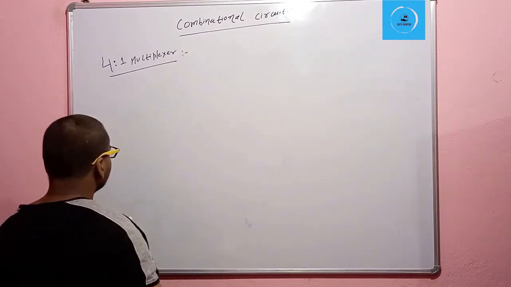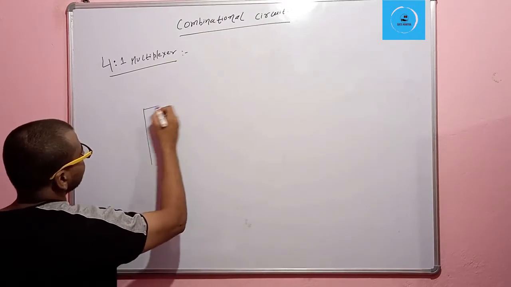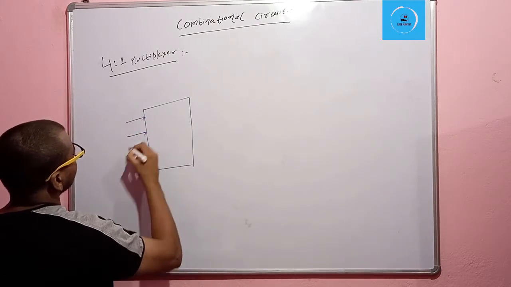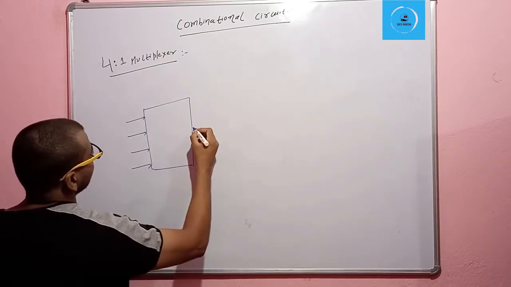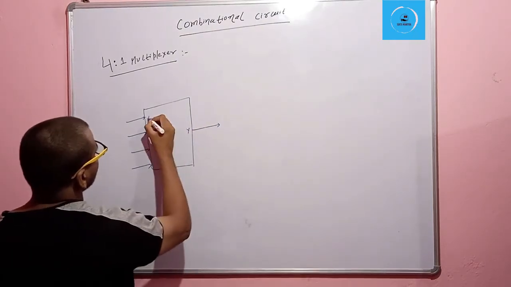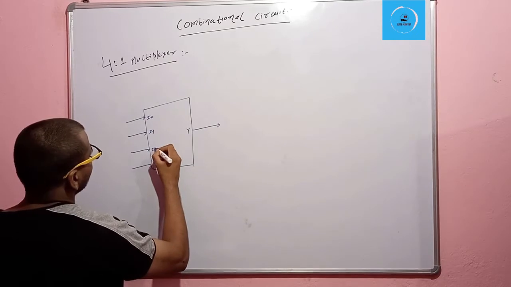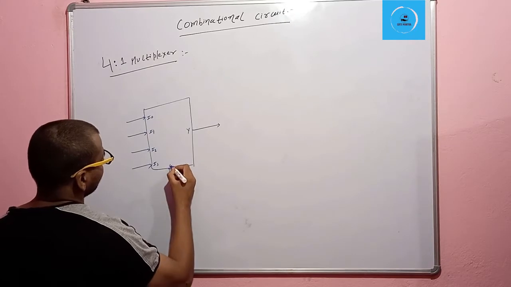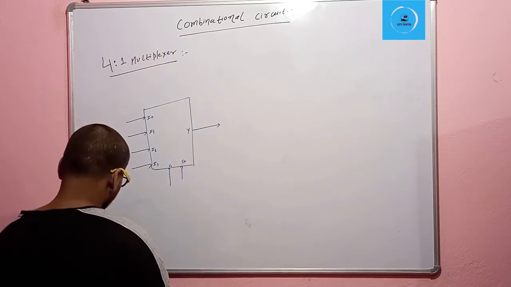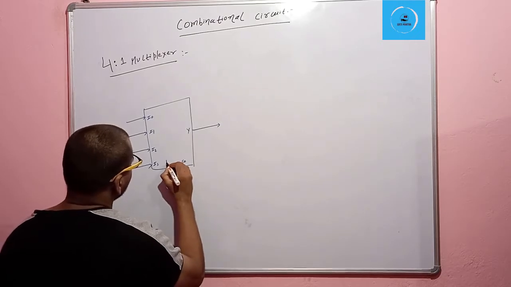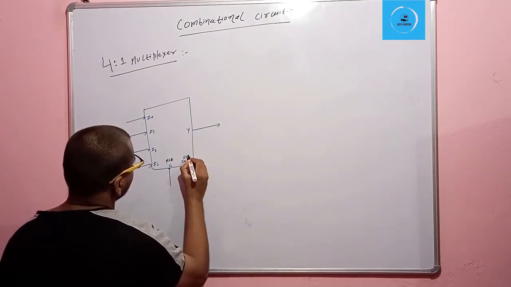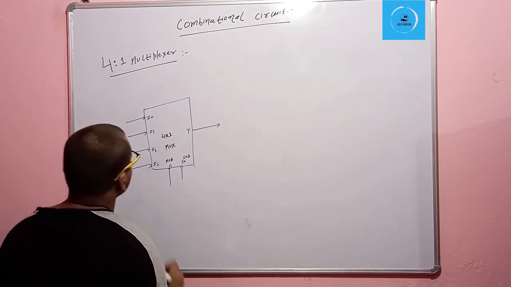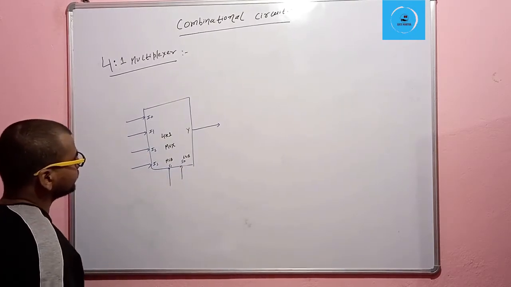So let's see the block diagram first. Here we have 4 inputs and a single output. So here I0, I1, I2, and I3, and here two select lines S1 and S0. Remember this S1 is MSB, and this S0 is LSB, and this is a 4-to-1 mux.